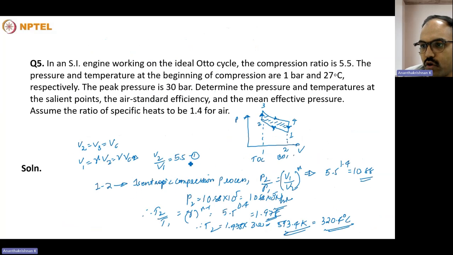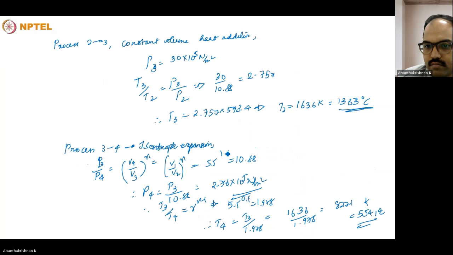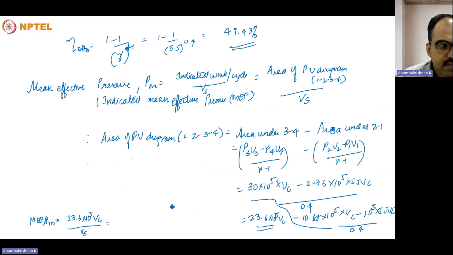The VS is the stroke volume, that is V2 minus V1. So we can get the ratio of VS by VC as the compression ratio minus 1. So the compression ratio is 5.5. Therefore, this is equal to 4.5.